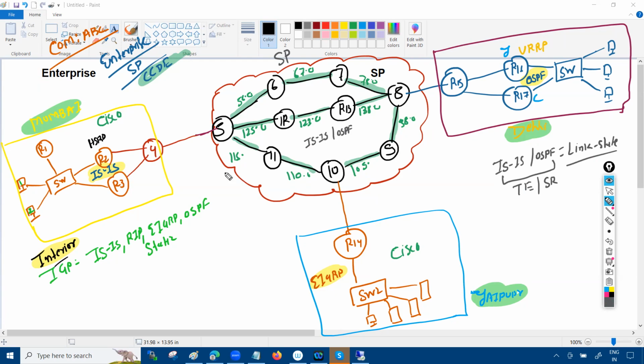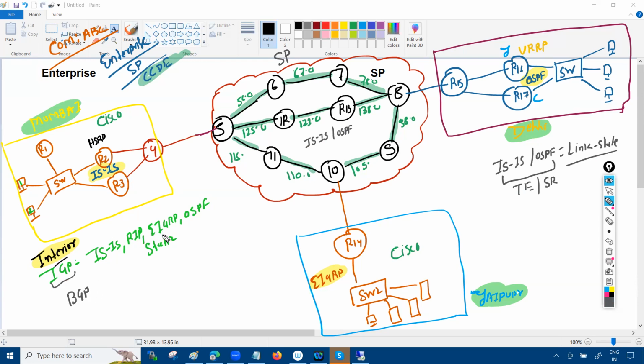Now try to understand this thing. If all the IGP protocols were there and they were sufficient, even if they are sufficient nowadays, then why did they introduce the protocol known as BGP? Do you know one thing?